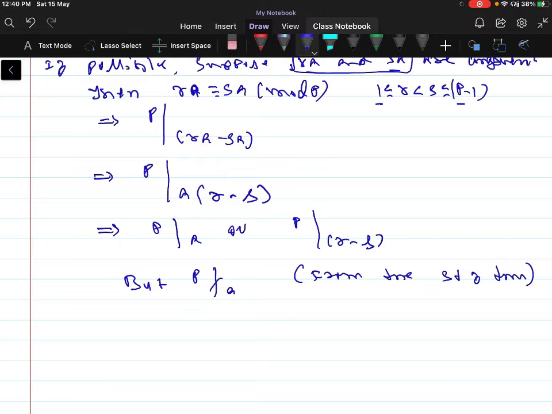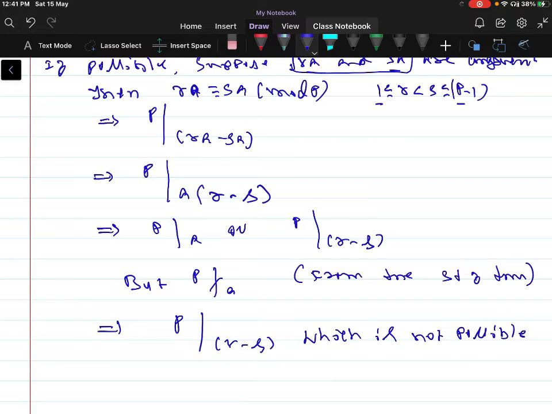Since p does not divide a, this implies p divides r minus s, which is not possible since r less than s less than p.